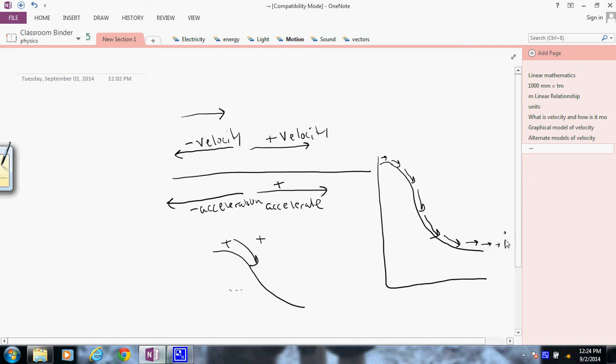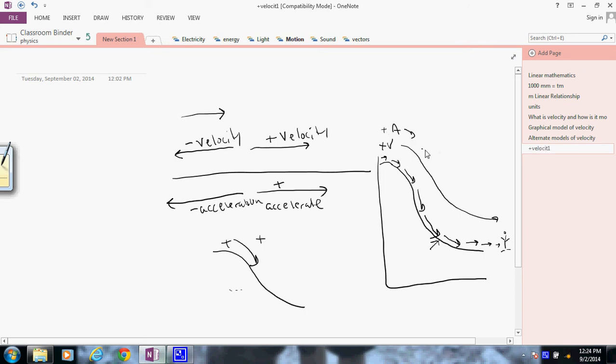So along this way, a unique item happens right here. We're going to have a positive velocity all the way along here. We're traveling in a positive direction. But my acceleration is going to be positive in this direction. I'm gaining speed until right here.